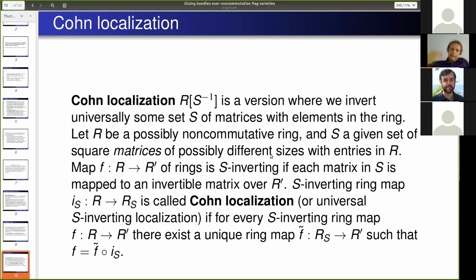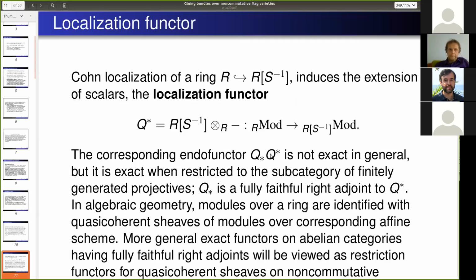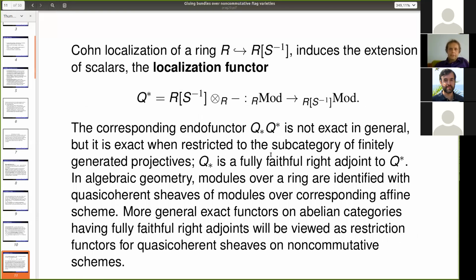But for finitely generated projectives, everything works fine. So Cohn localization, as this ring morphism from R to this universal kind of localization, can be considered also as a localization functor. All these localizations, like Ore localization, etc., I don't consider only at the level of rings, but even more as a functor.